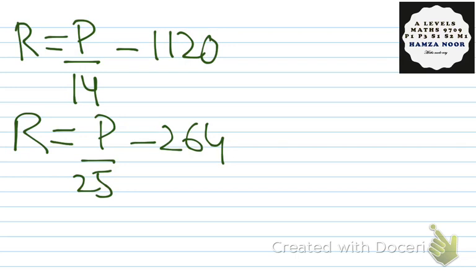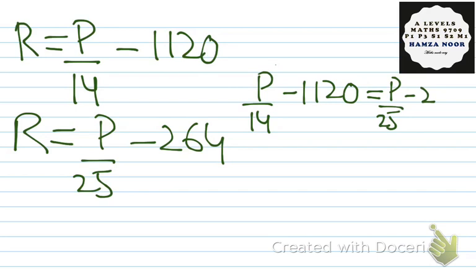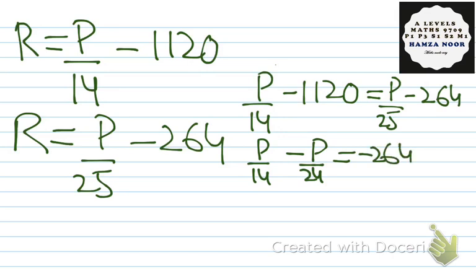Equating the R's, P over 14 minus 1120 is equal to P over 25 minus 264. So this goes like this: P over 14 minus P over 25 is equal to minus 264 plus 1120. Sorry, this is 25.